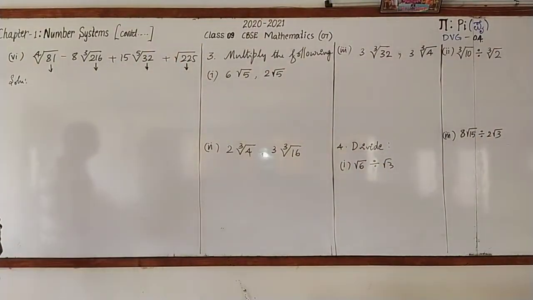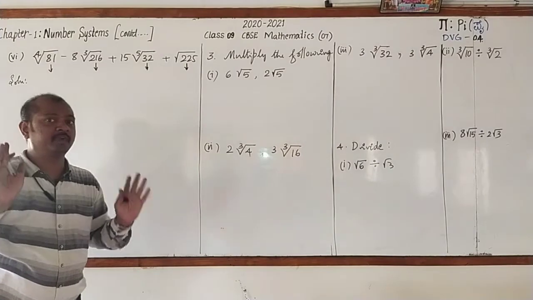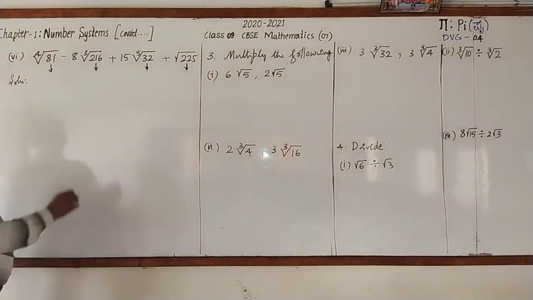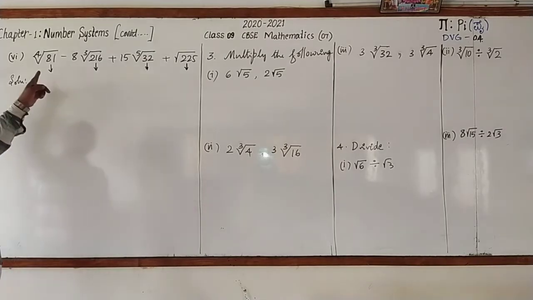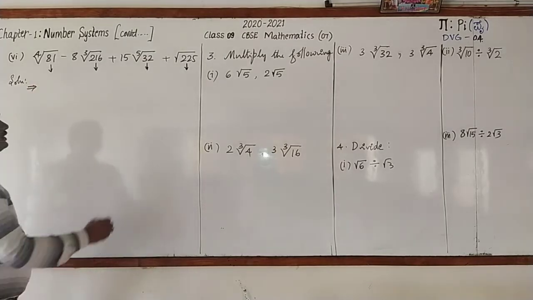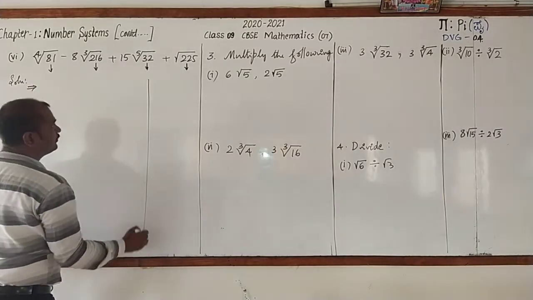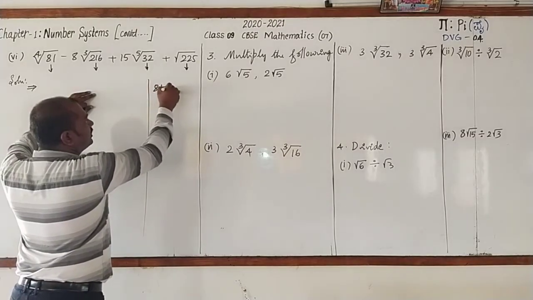What do you think? All are perfect numbers, right? Now you can go for writing them directly. Here, for the sake of information only, I am writing 81.